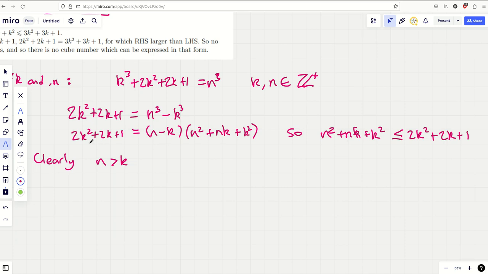And it will be equal to 2k squared plus 2k plus 1 when this is equal to 1. In other words, when n equals k plus 1. Yeah, if n is k plus 1 here, then you're going to get 1 in that bracket, and therefore this equals this, yeah? That's where the equality case holds.